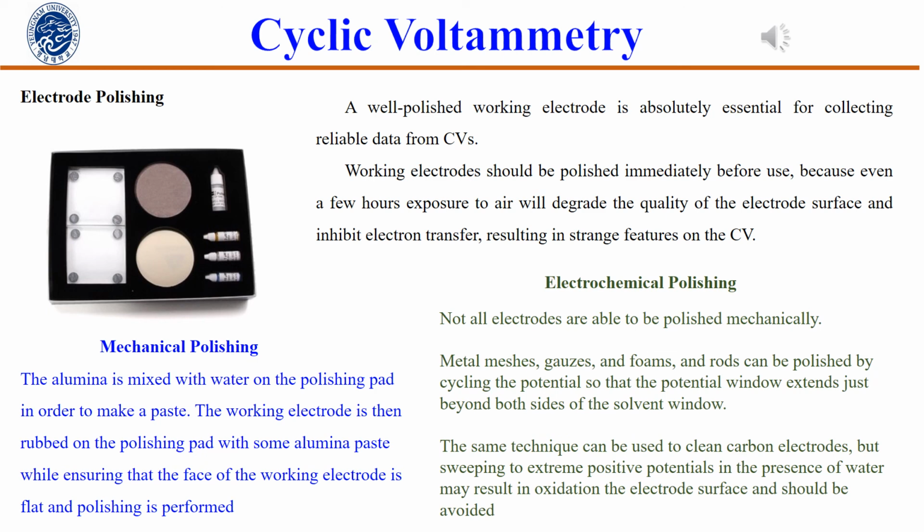But sweeping to extreme positive potentials in the presence of water may result in oxidation, so the electrode surface should be checked using CV. So these are the two approaches to polish the working electrode before use.